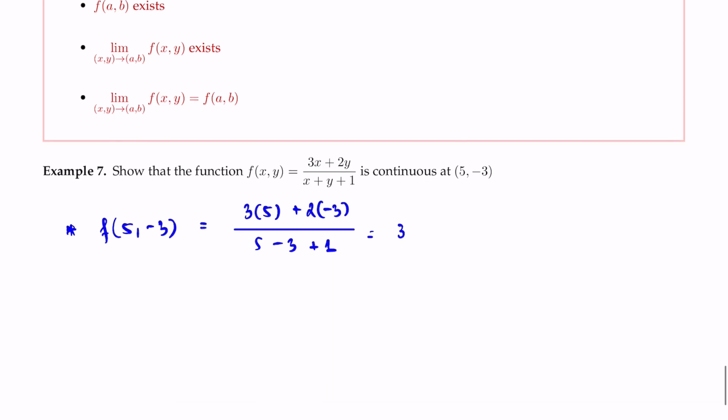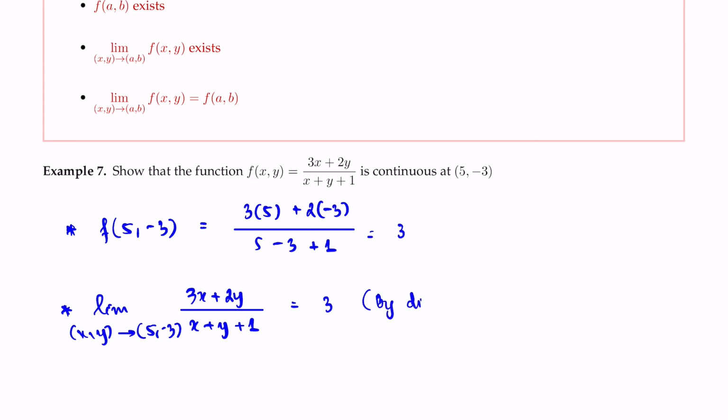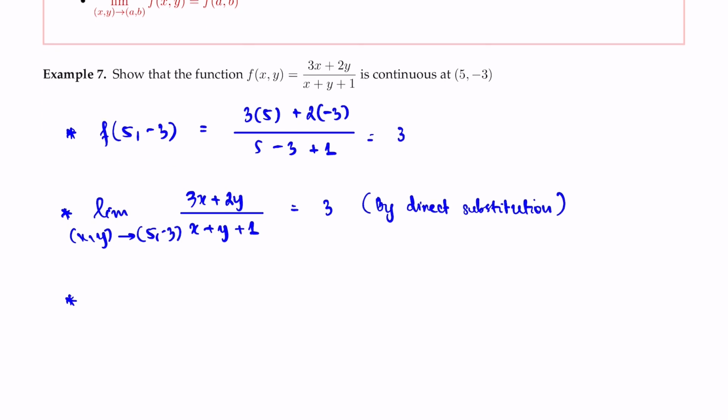Now, when you take the limit of the function (3x + 2y) over (x + y + 1) as the point (x, y) approaches the point (5, -3), you can use direct substitution, and by direct substitution the limit is also equal to 3. And the last condition is that the limit is equal to the output of the function at the point (5, -3).